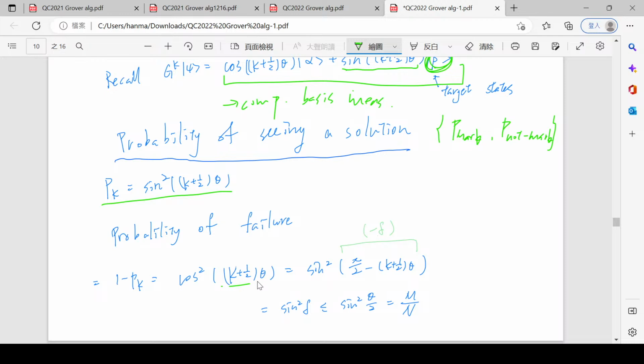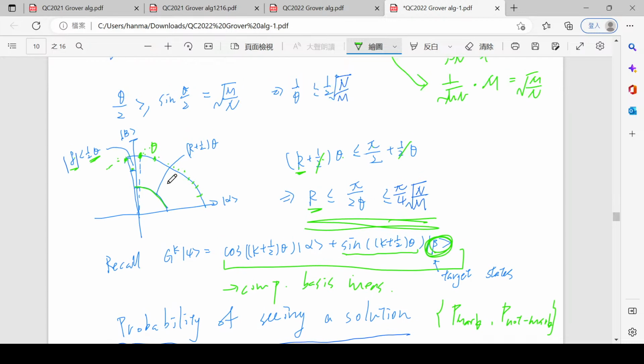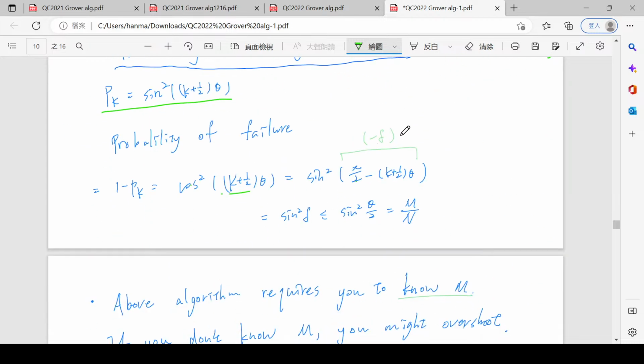Oh, sorry. So we have cosine square. Cosine of theta is sine of pi minus theta, so it's just cosine to sine and pi minus this thing. And we have defined this angle minus pi over 2 as delta, so it is negative delta.